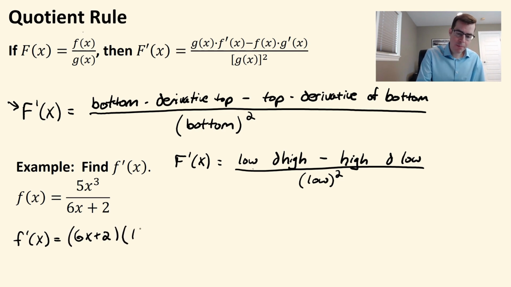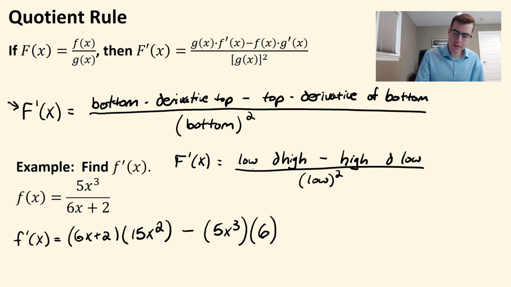Well, the derivative of the top we know is 15x squared, minus the top, 5x cubed, times the derivative of the bottom. Well, the derivative of the bottom is just 6. All over the bottom, 6x plus 2 squared.